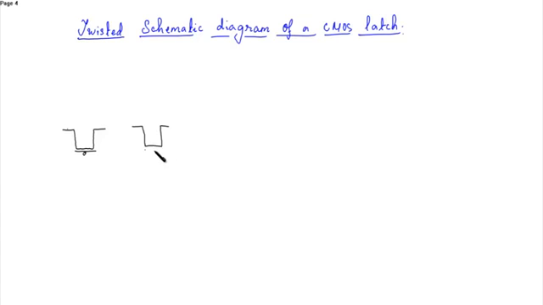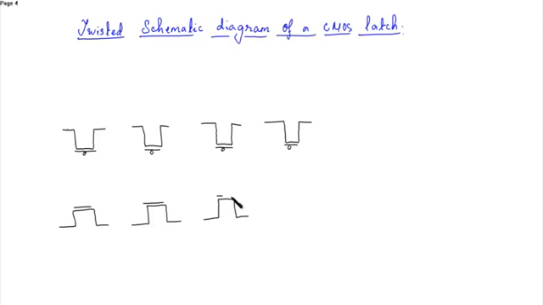This is PMOS 2. This is PMOS 3. This is PMOS 4. Similarly, we'll have NMOS 1, NMOS 2, NMOS 3. This is NMOS 4.